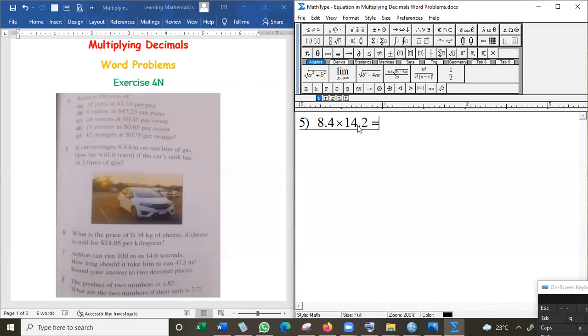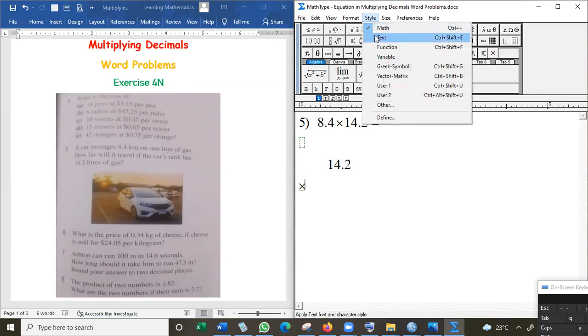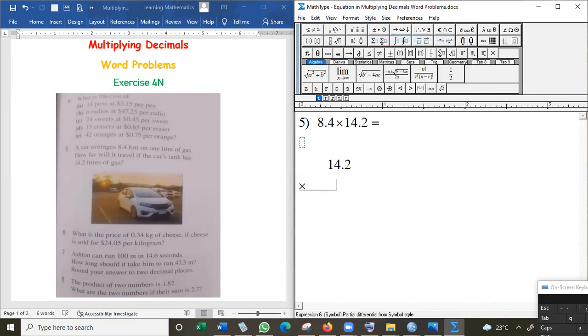So it's 8.4 times 14.2. The reason why we use 8.4 is because 8.4 has 2 digits, so it is better to put the 14.2 on top. So please write this down, 14.2. And then multiply, we are going to use the 8.4 because the 8.4 has only 2 numbers.